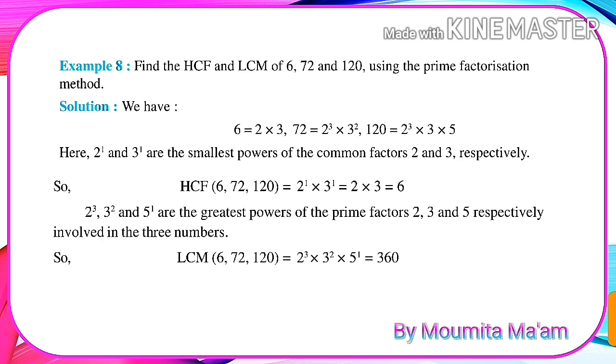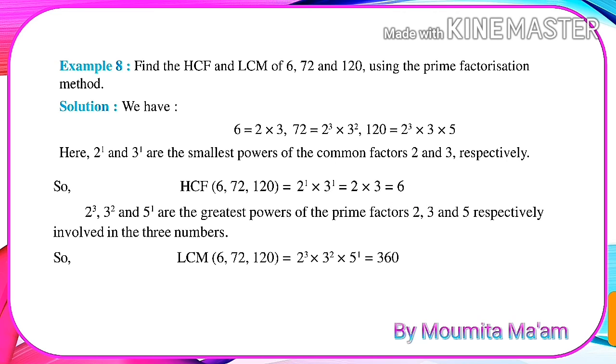As you can see, within 6, 72 and 120, the common factors are 2 and 3, and the smallest power of 2 is 1 and the smallest power of 3 is also 1. Therefore, the HCF of 6, 72 and 120 is 2 into 3, that is 6.